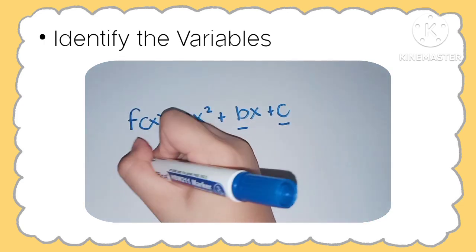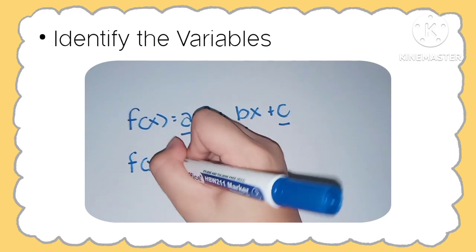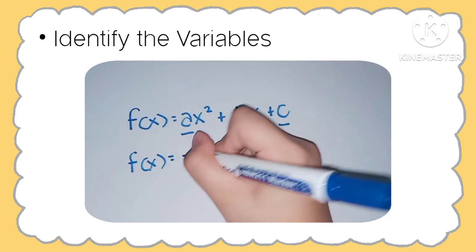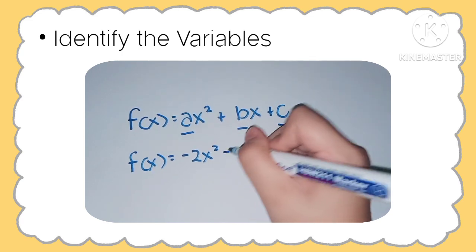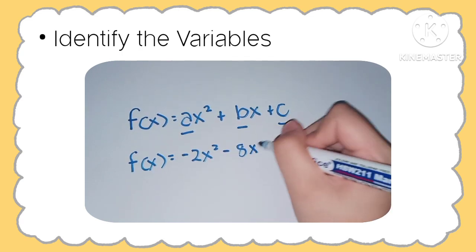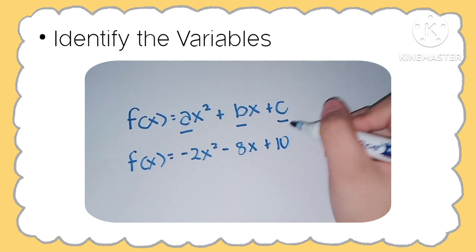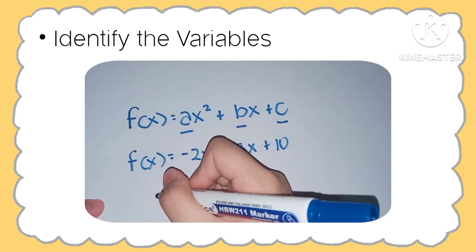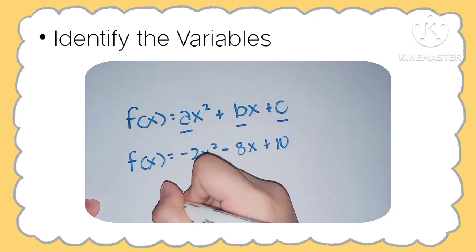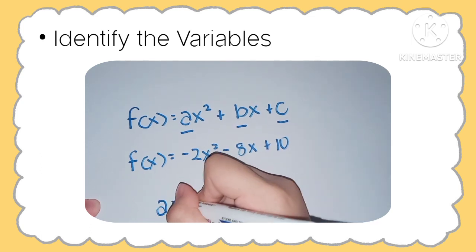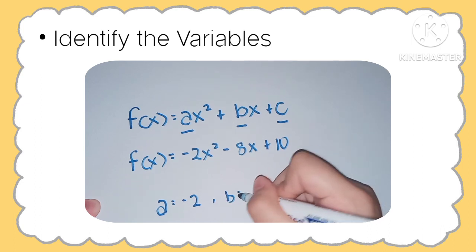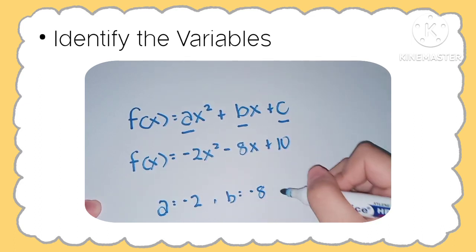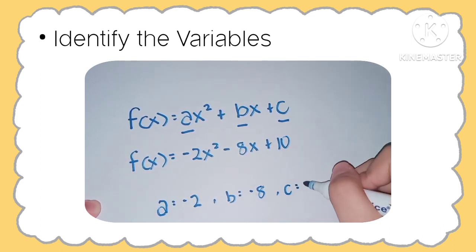In our equation, we have f of x is equal to negative 2x squared minus 8x plus 10. So our variables are a is equal to negative 2, b is equal to negative 8, and c is equal to 10.